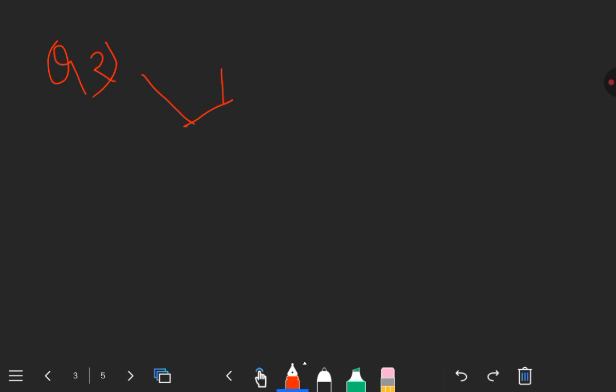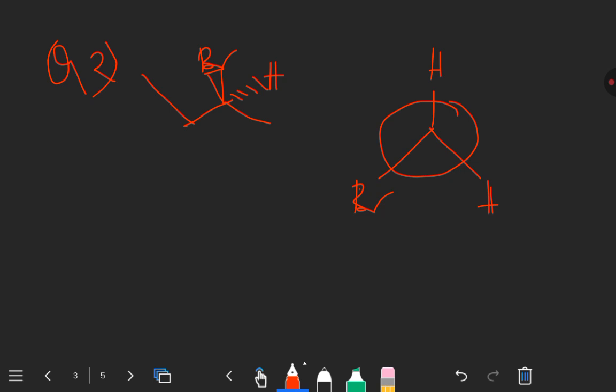We have a bromine there, attached to a methyl, then also a hydrogen there. Then the other group is in a staggered Newman projection. So we have hydrogen there, then a bromine, then another hydrogen, then an ethyl group there, CH2, CH3.